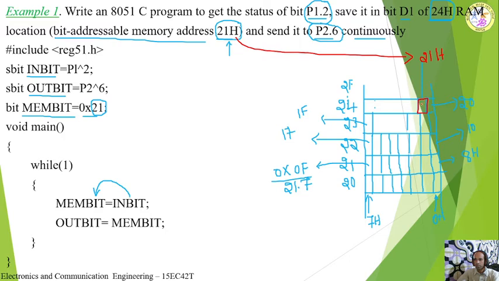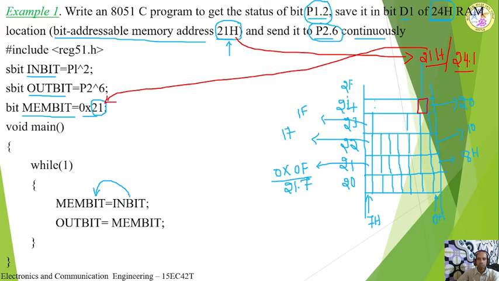This location can be accessed as either 21 or I can also access this memory location as 24.1. D1 of 24 means first bit of 24, 24th byte address memory location. So either you can use this address or you can use this address. Now I am using this address here, 21. That 21 is nothing but this 21.